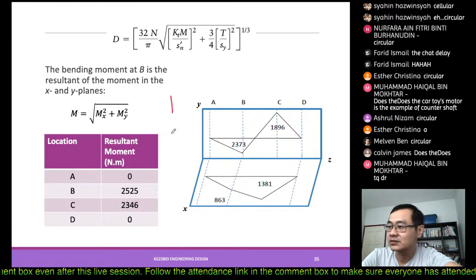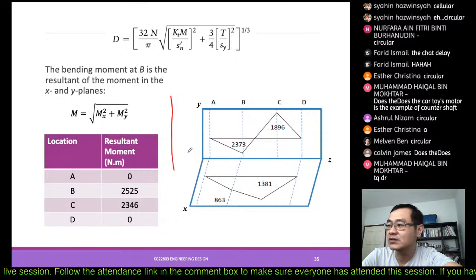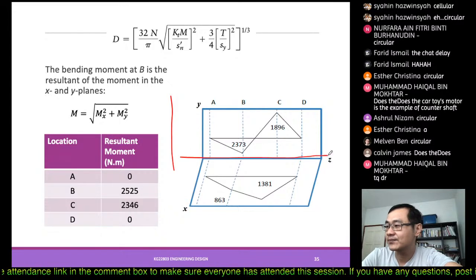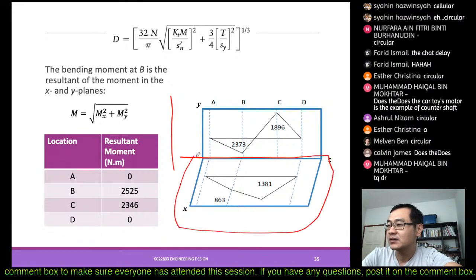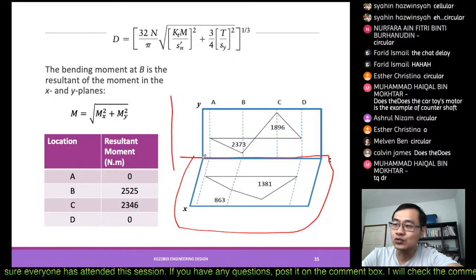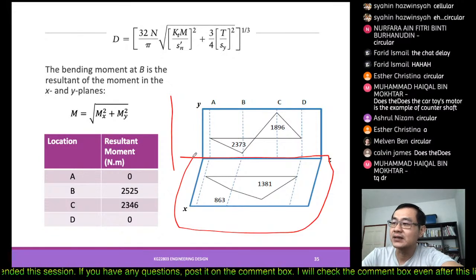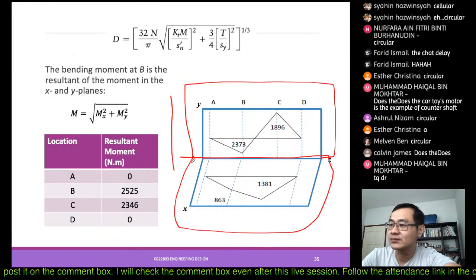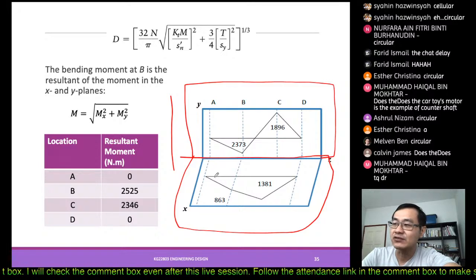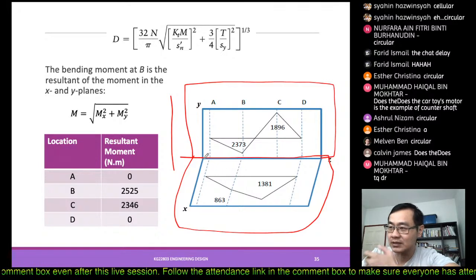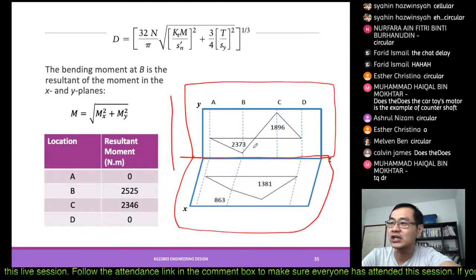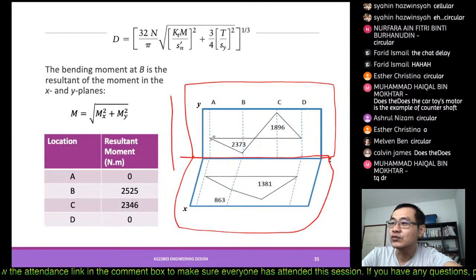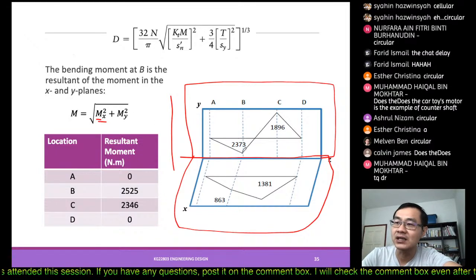Remember, previously we obtained this bending moment. If you do it for the vertical plane, you will get this bending moment as well. We will see that the bending moment diagram changes with respect to the locations. Here we combine the moments acting at one particular point.